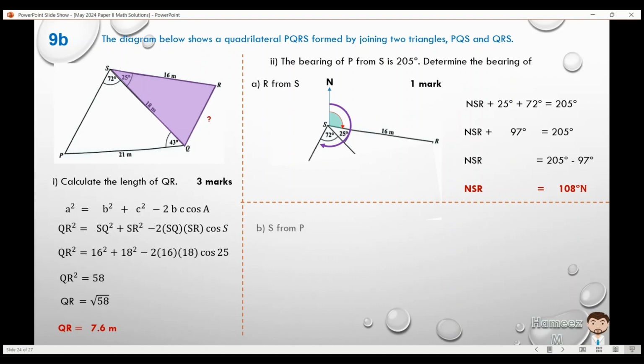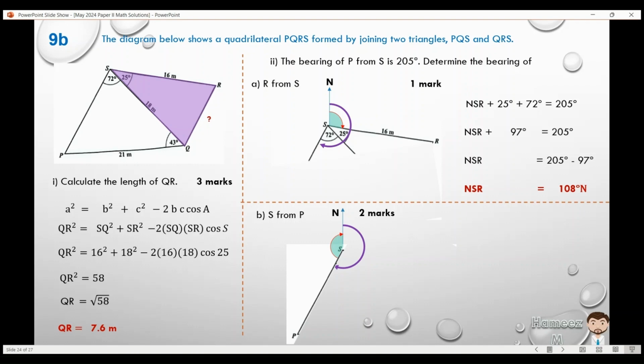Part B, we want to determine the bearing of S from P. So we must have S and P involved. So let's extract that. S from P means that we're standing at P and looking up at S. So we know the information on top already. So let's repeat that we have the north line, and we know that whole angle there was 205 degrees. That was given above.